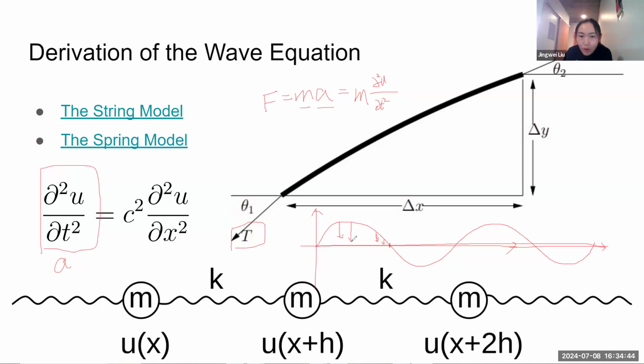Therefore, we see the force is proportional to its deformation. So how do we describe this deformation? We use the concavity of the shape of this wave, which is exactly described by the second derivative of x.